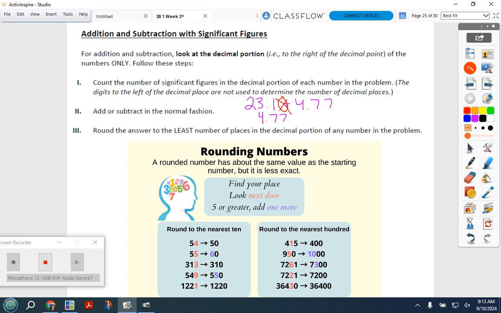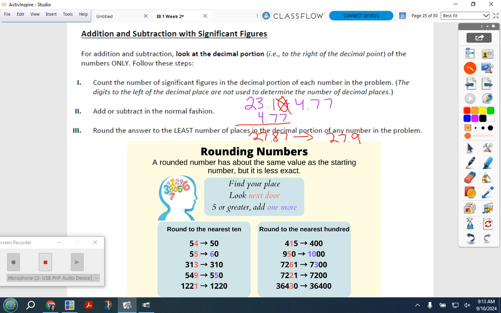So our answer can only have 1 decimal place. The calculator gives 27.87, but I don't have 2 decimal places, so I would have to round this to 27.9.